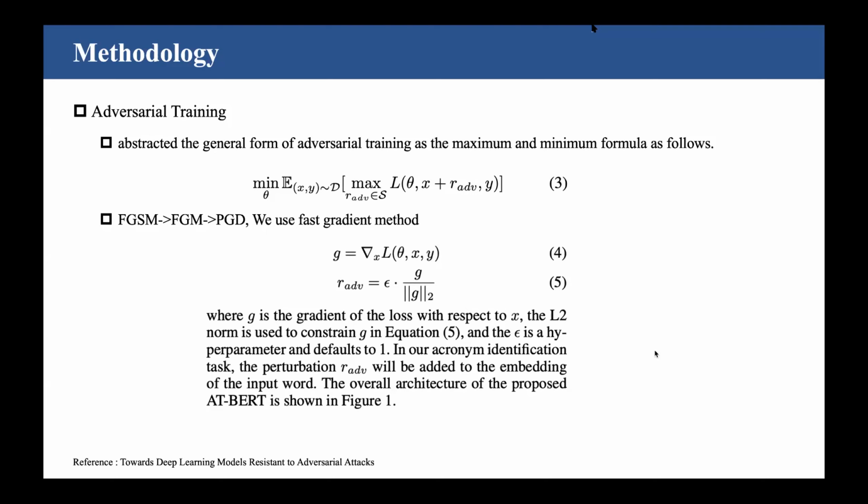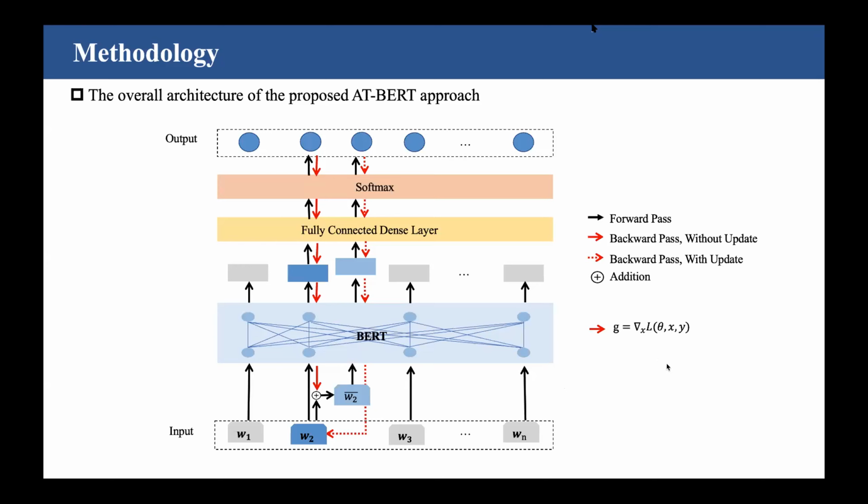In the acronym identification task, the perturbation will be added to the embedding of the input token. This is the overall architecture of the proposed AT-BERT approach. The whole training process is divided into two steps. In the first step, the black line represents forward propagation, and the red solid line represents backward propagation.